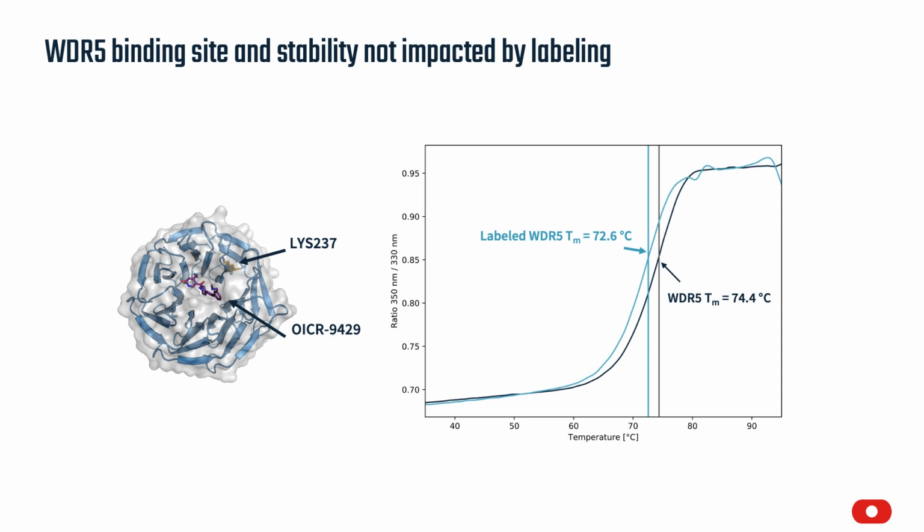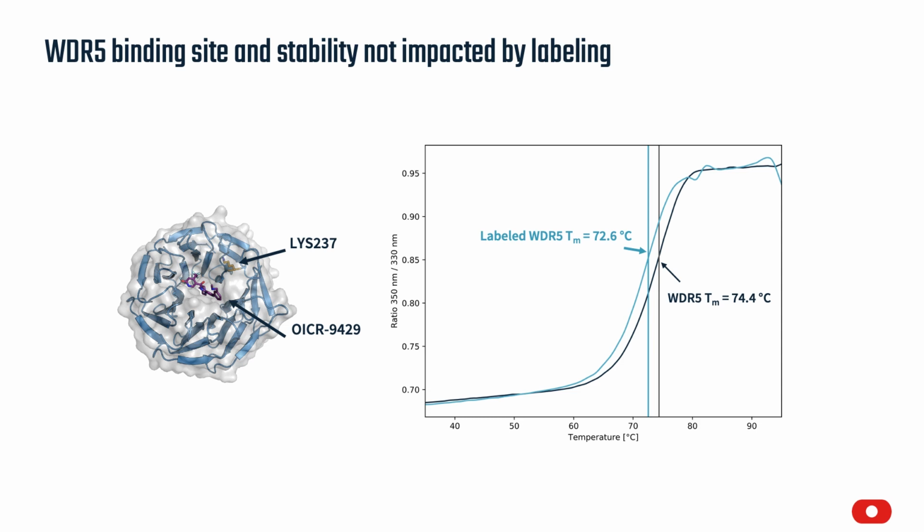And the way that we quality check our protein before and after labeling is by using nanoDSF to assess that the thermal stability has not been significantly negatively impacted after labeling. Since nanoDSF is a technique that utilizes the protein's intrinsic fluorescence for thermal unfolding profiles, the red dye is not going to interfere in this measurement.